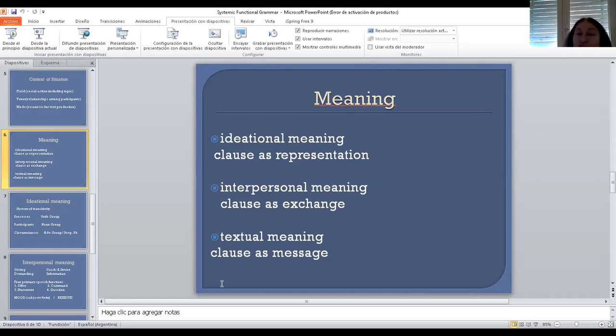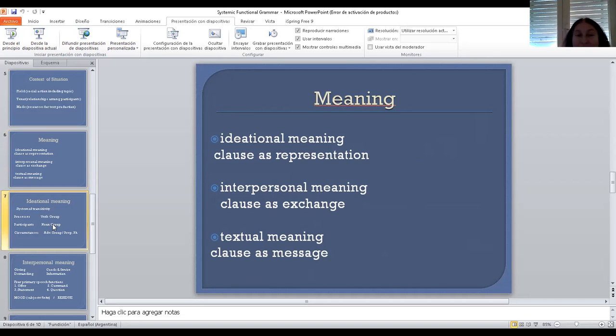Remember, the ideational meaning is related to the way we represent the world around us, interpersonal meaning to the way we interact, and textual meaning to the way we produce text. Halliday will use these as a basis for his whole theory, and he will develop categories to study. In the first case, the clause as representation, then the clause as exchange, and finally, the clause as message.